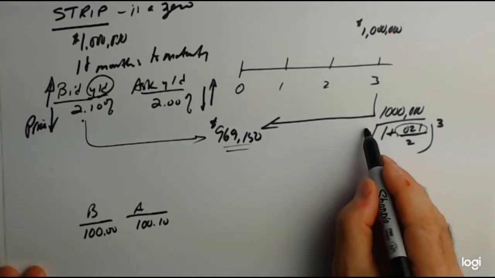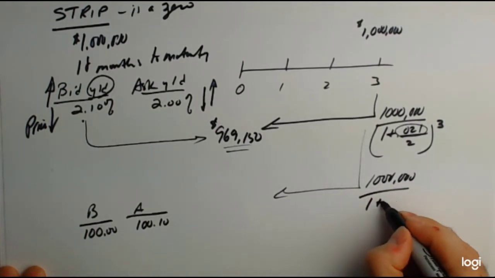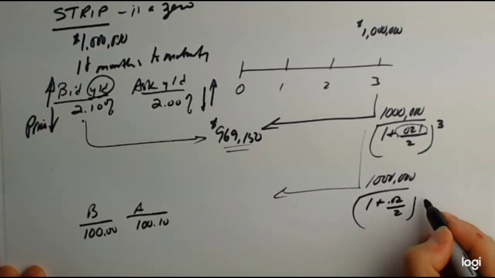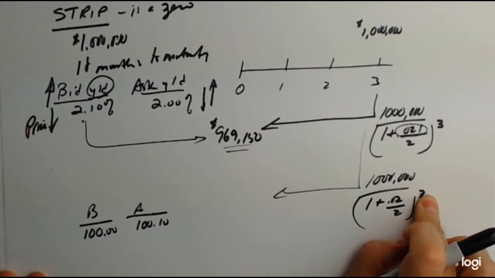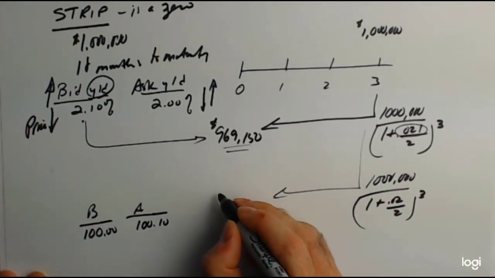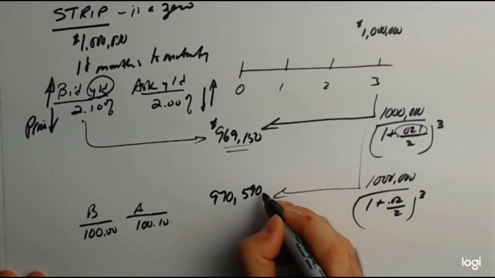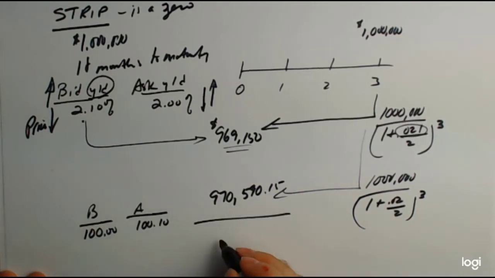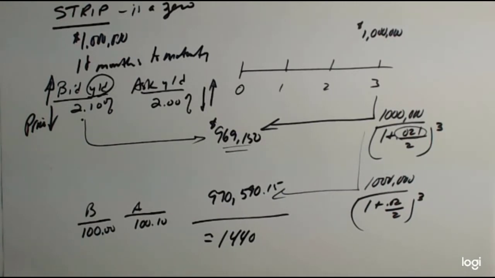Now, what if we do the same thing and we took the million and discounted it at 2%? 2% is an annual number, adjusted for semi-annual, it's 3 semi-annual periods, it'll be worth $970,590.15, and the difference is about, forget the pennies, $1,440. So that would be the profit that a dealer would make on this strip.